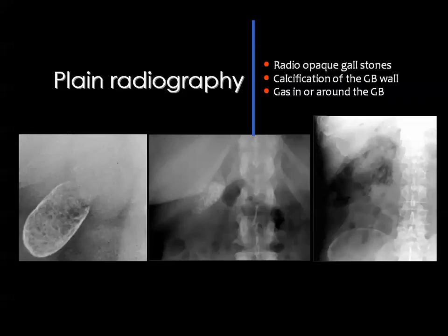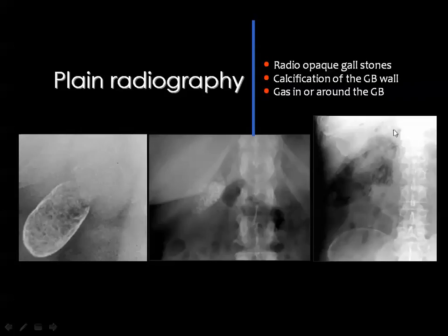The major role of the plain radiography is to detect one of these three issues. Number one, radio-opaque calculi in the region of the gallbladder. We know that about 10% of the gallbladder calculi are actually radio-opaque.